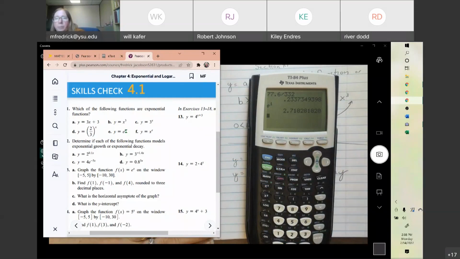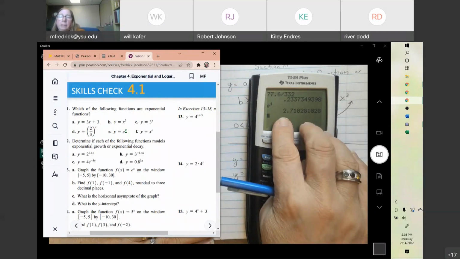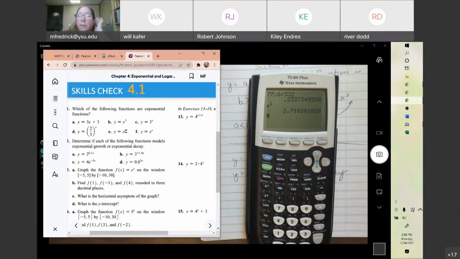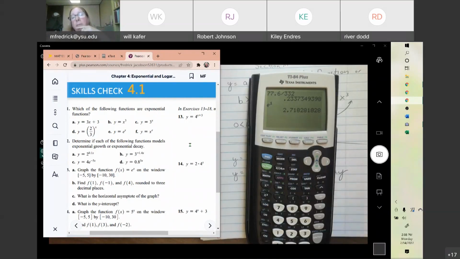Like pi is 3.14, e is 2.718. Just a number. So e to the x would be exponential. And it would be a growth because e is 2.7. E is greater than 1.